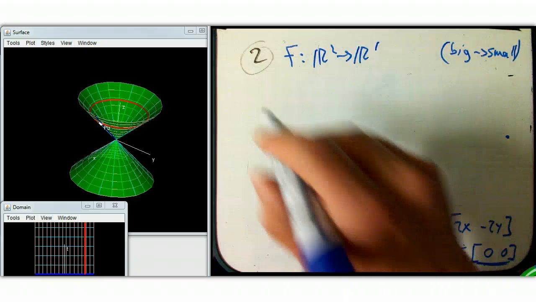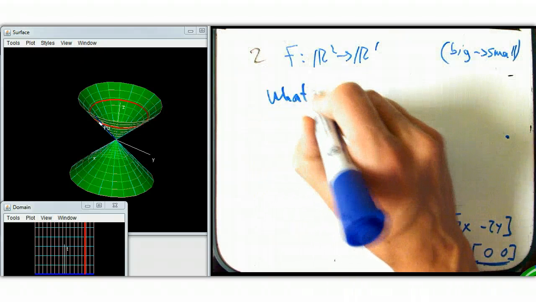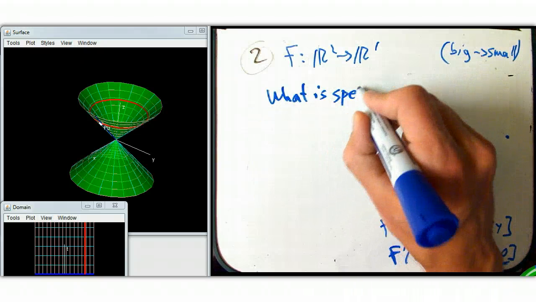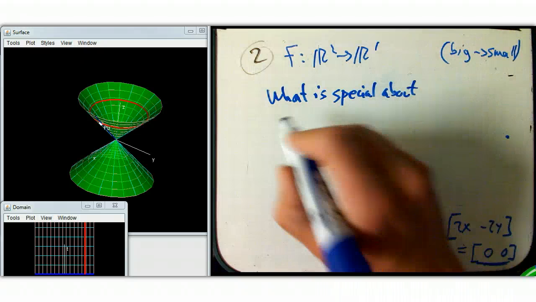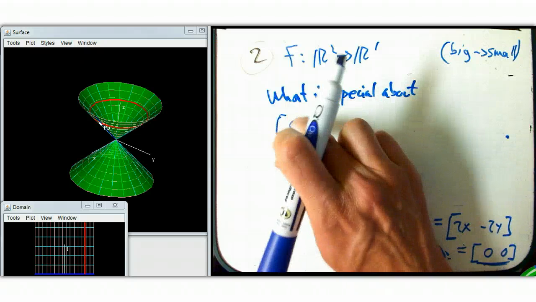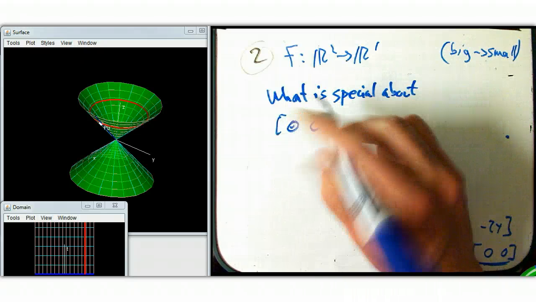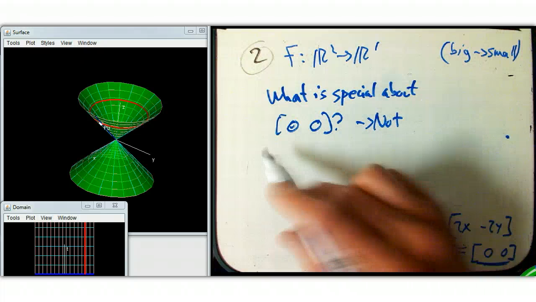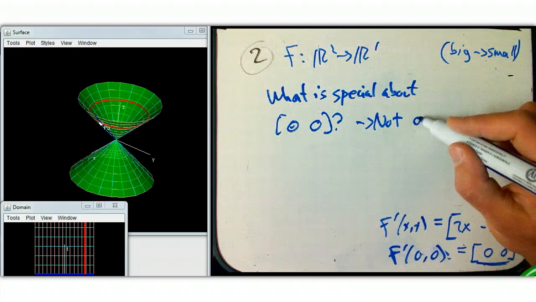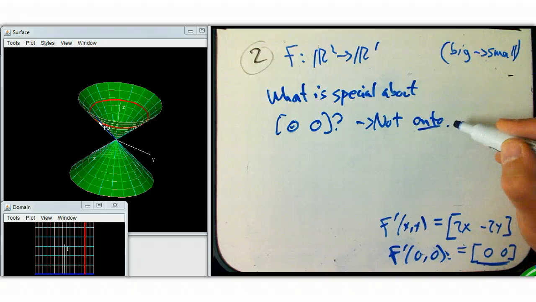So let's look at what is special about the 0, 0. Okay. If I look at it as a transformation, it's not onto. Okay.